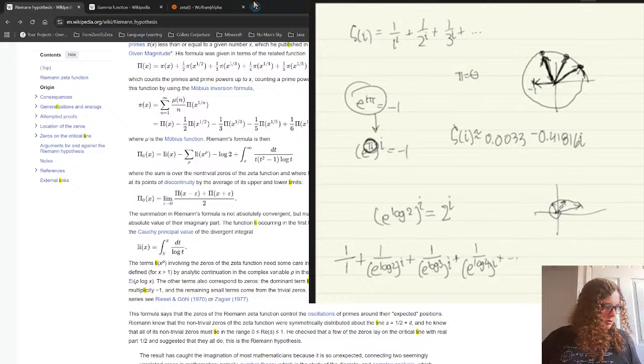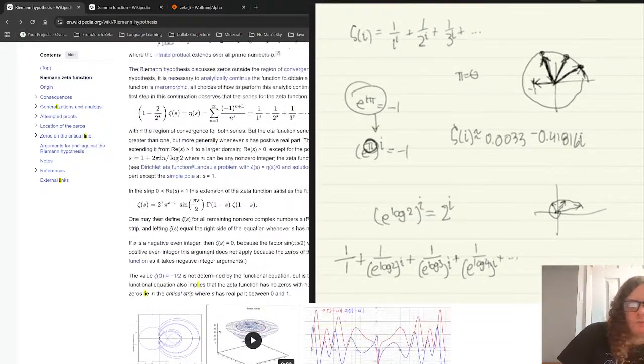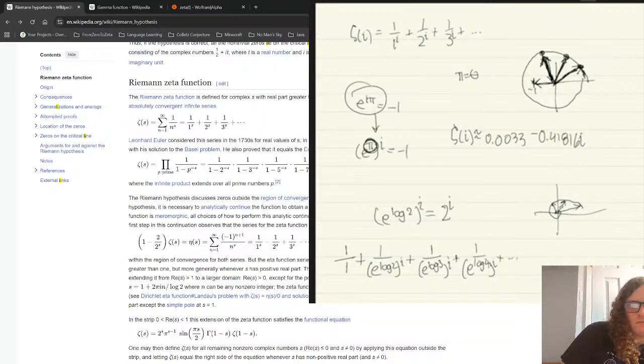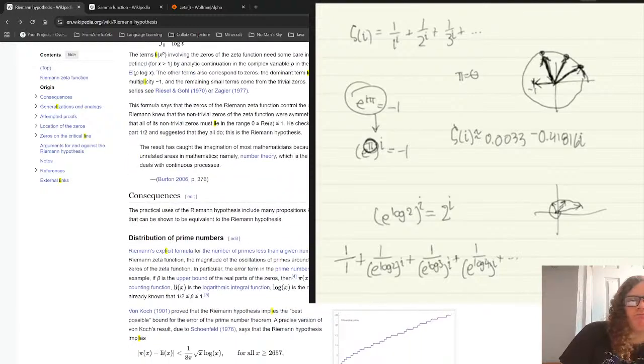Then what? It says something about the distribution of primes.